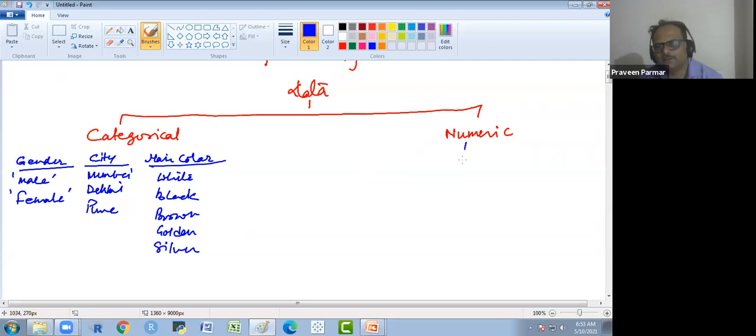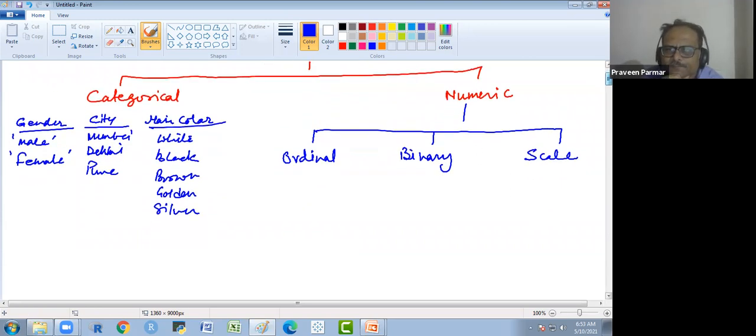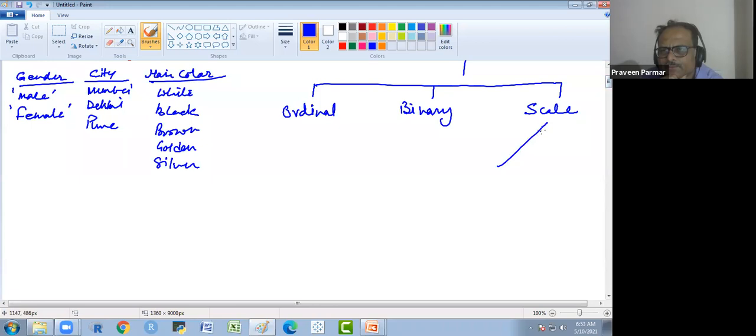Numeric data, we have three types of numeric data. First one is ordinal data, second is binary data, and third one is scale data. In scale data, we again have two classifications: one is interval, second is ratio.